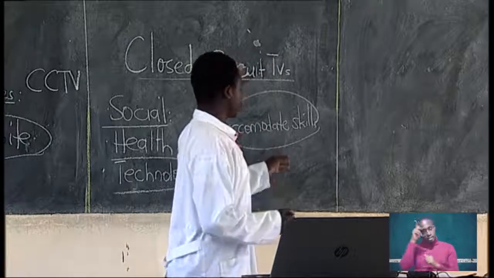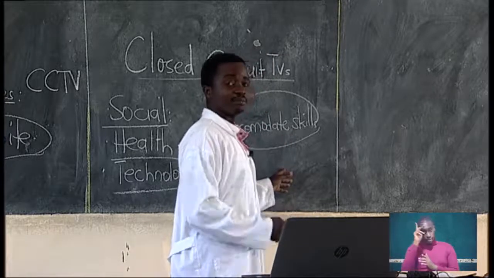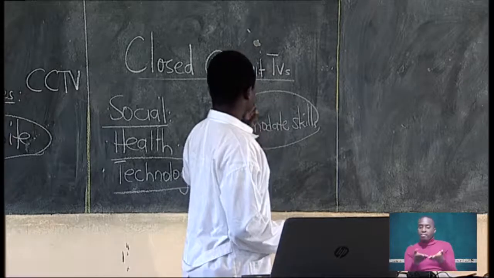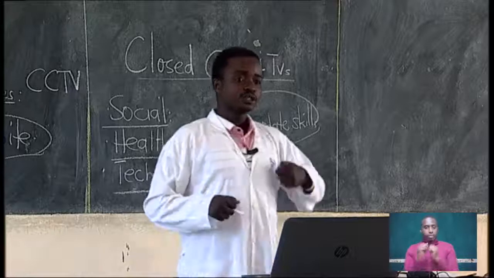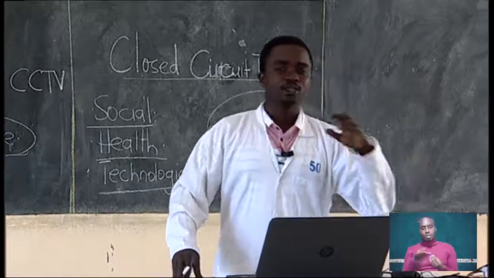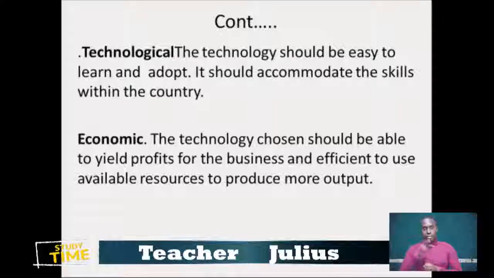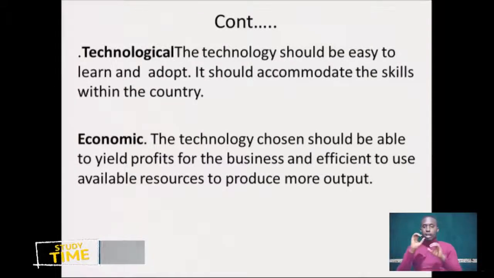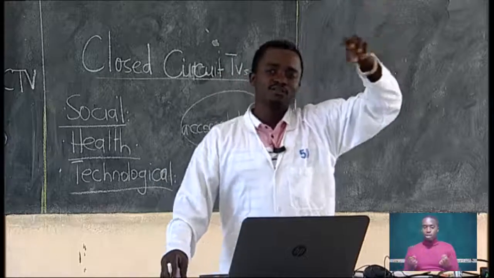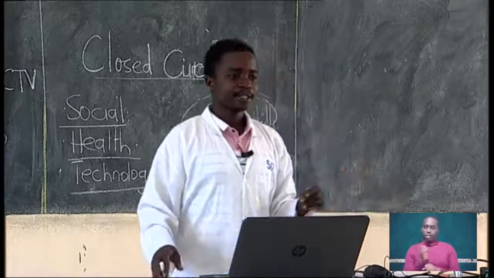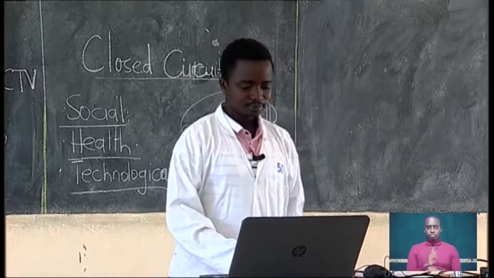Those conditions may be the skills of people available within the country, within a given society. So it should accommodate the skills within the country. That is, it shouldn't be too advanced. Appropriate technology shouldn't be too advanced and shouldn't be too traditional. It lies there.